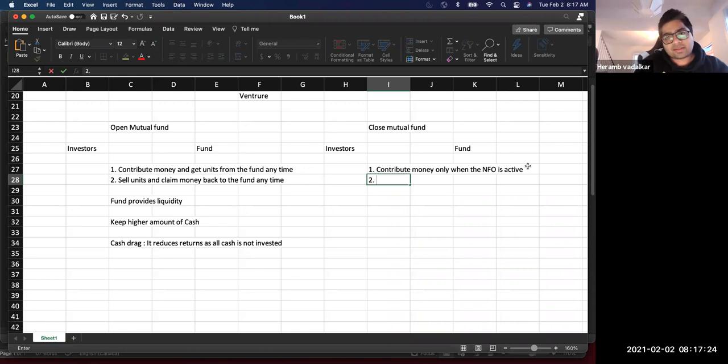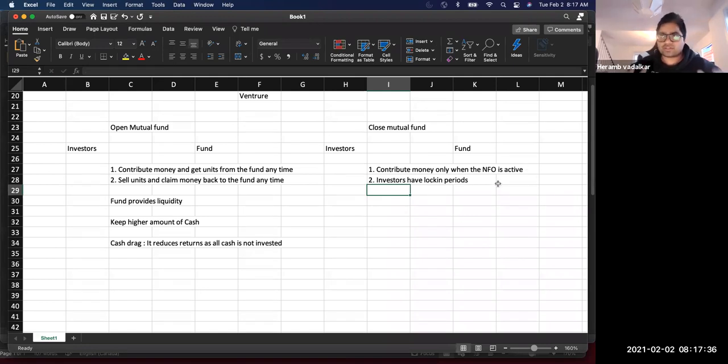Second, investors have lock-in periods. So investors are locked in. They cannot sell their investments within that lock-in period.